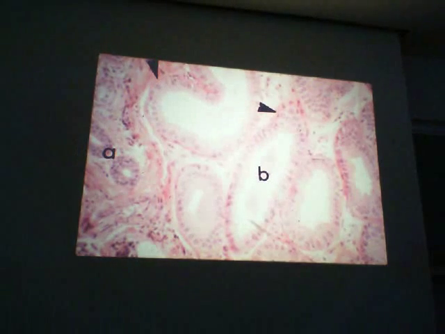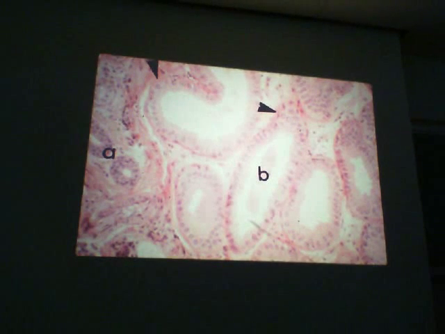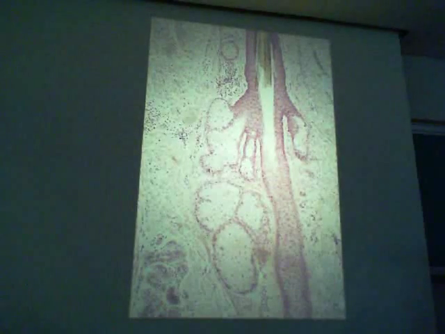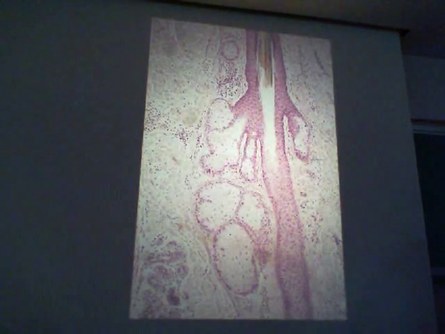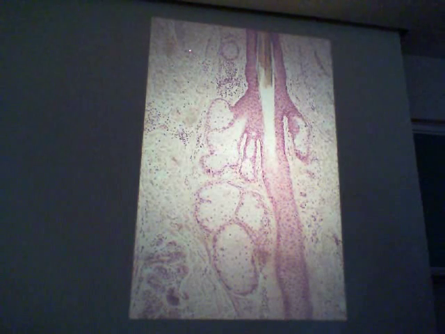Okay, and what gland do we have right here? That's an apocrine gland. Okay, and again we have what? Sebaceous gland, and we have a little slip of a tissue right here.